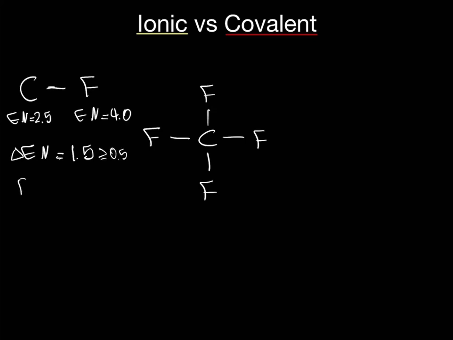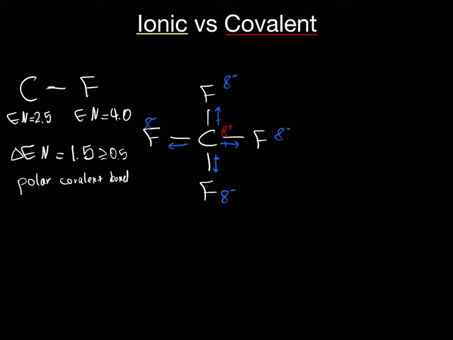So therefore, this is a polar covalent bond. And since all the bonds in this molecule are between carbon and fluorine, they are all going to be polar bonds. So these fluorines are going to have a partial negative charge, and this carbon is going to have a partial positive charge. And the dipole moment is always going to point toward the fluorines.